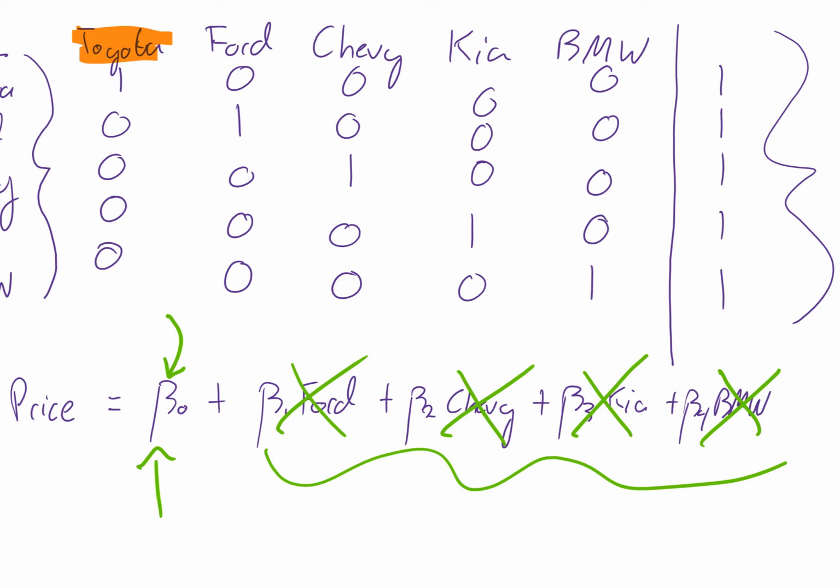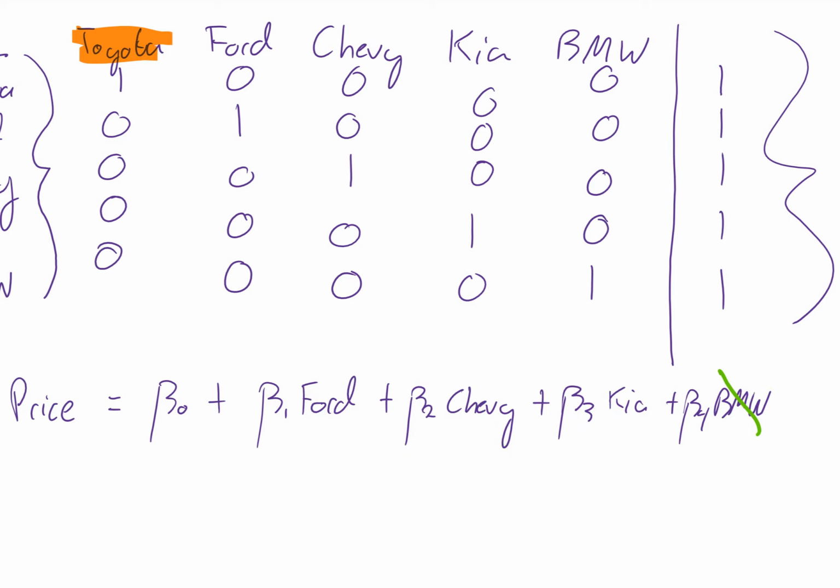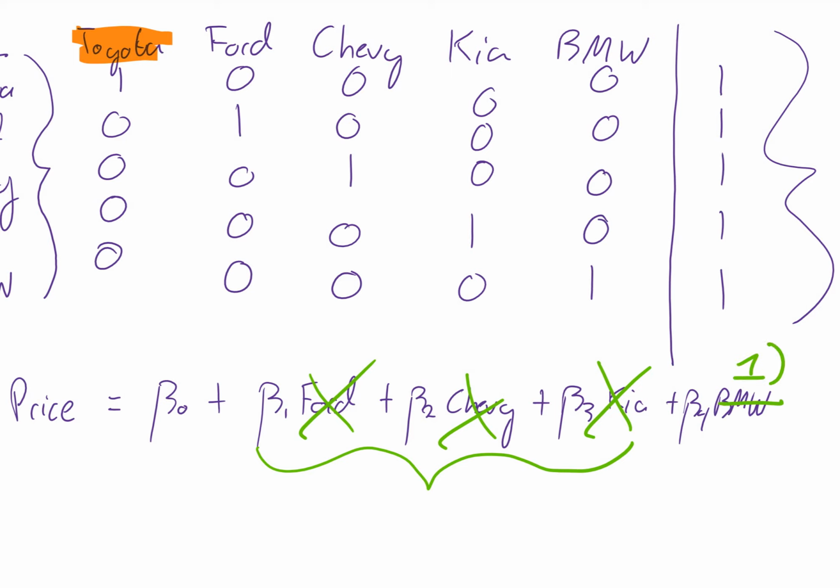However, let's assume instead that we've got, let's say, a BMW this time. So if it's a BMW, then Kia is going to be 0, Chevy's going to be 0, Ford's going to be 0, so these are all going to be 0. And BMW is going to be equal to 1.